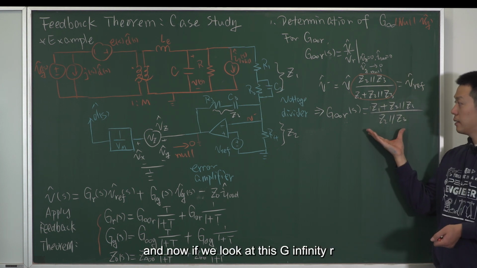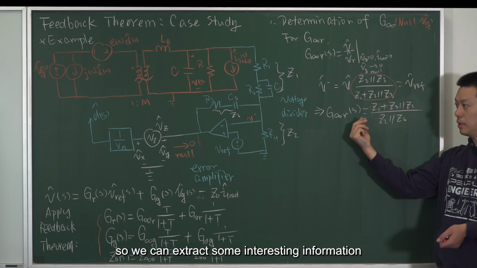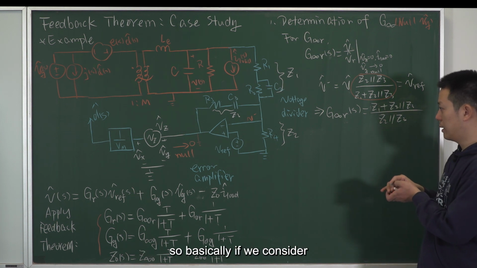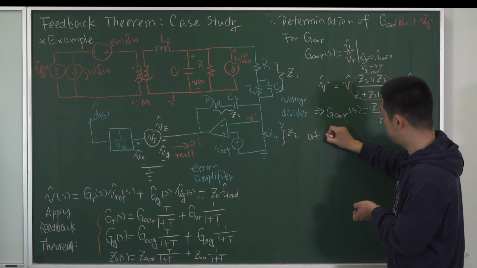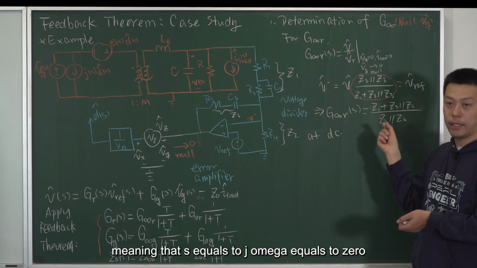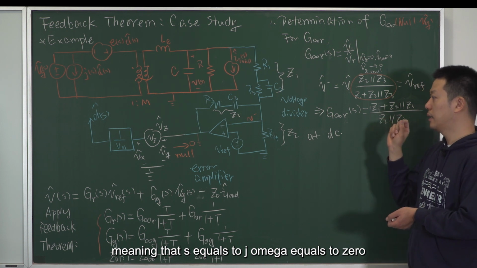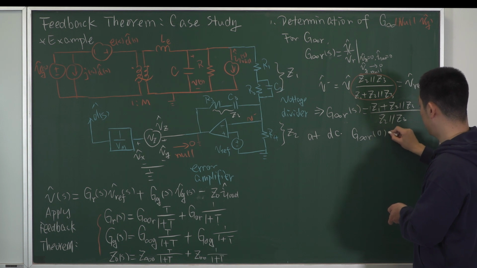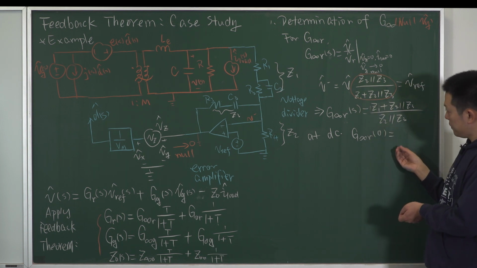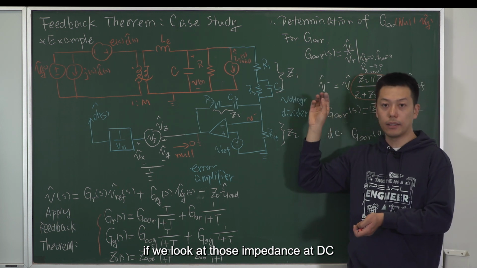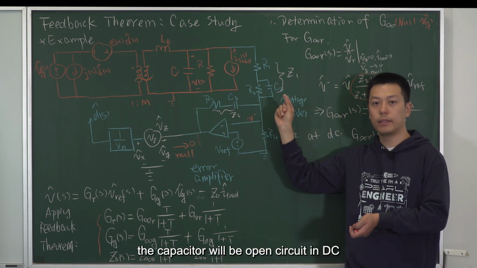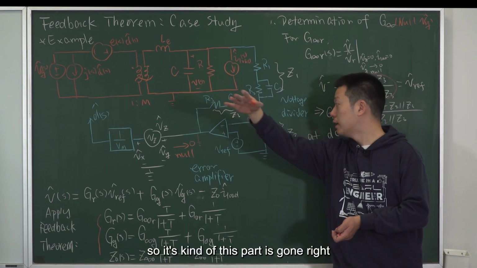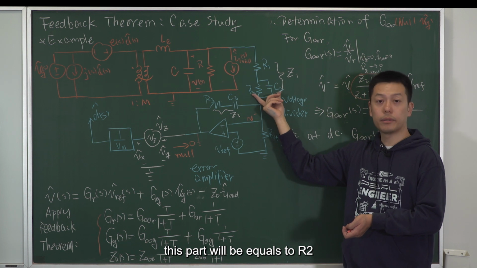Now if we look at this G infinity R, we can extract some interesting information. Basically, if we consider DC operation, meaning that S equals j omega equals 0, then we have G infinity R at 0. If we look at those impedances at DC, the capacitor will be open circuit, so this part is gone, and this part will be equal to R2.